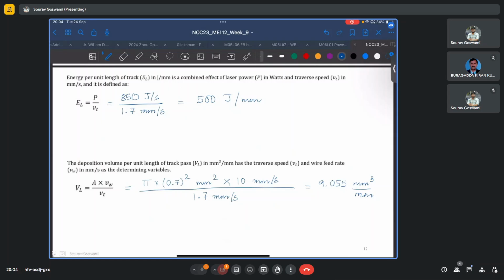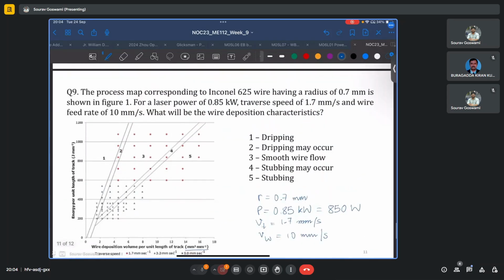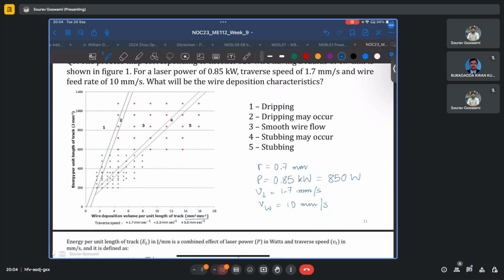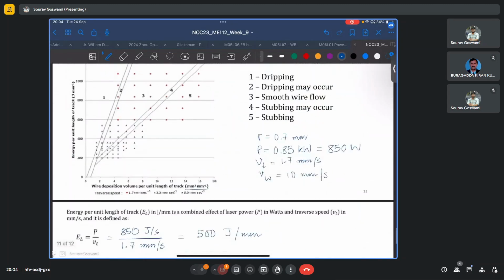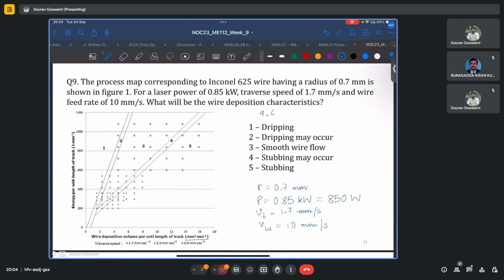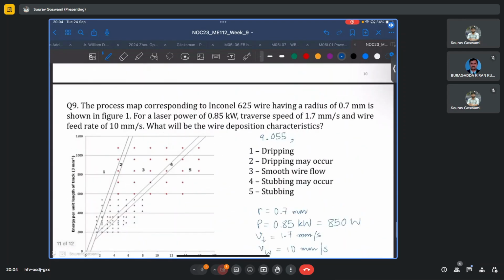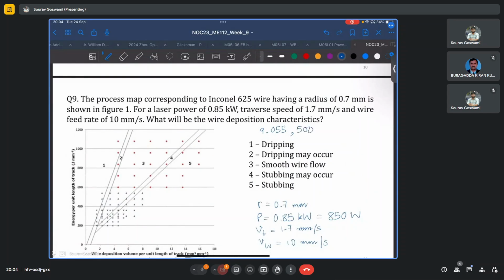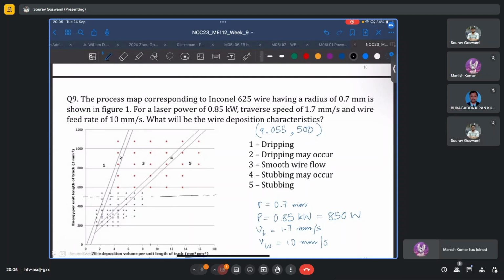So now we have our coordinates. Here along the x-axis is the volume per unit length of track. So x is 9.055 and y is the energy per unit length of track, which is 500. This is our process coordinate, and let us try to locate it on this graph here. So 500 is here. 9.055 is almost equal to 9, so somewhere here.